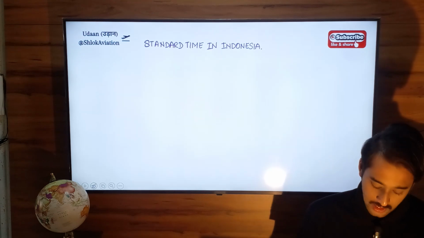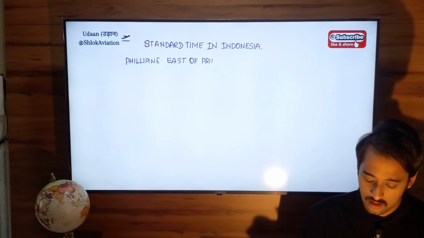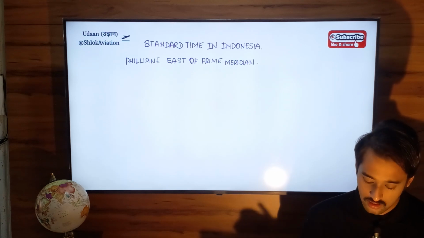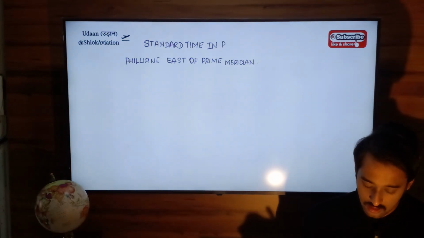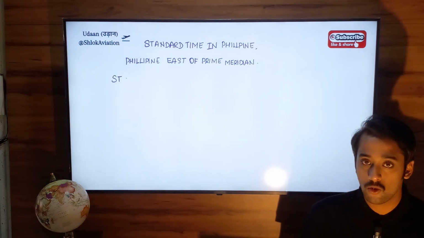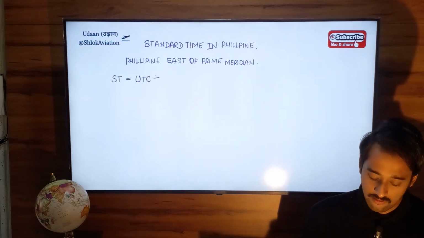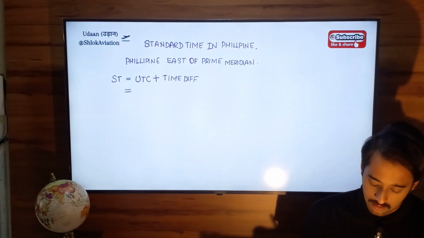So now we know that the Philippines is very much to the east of the prime meridian. So that means standard time will be more than UTC time by some difference of value. So let's find that in the Air Almanac.